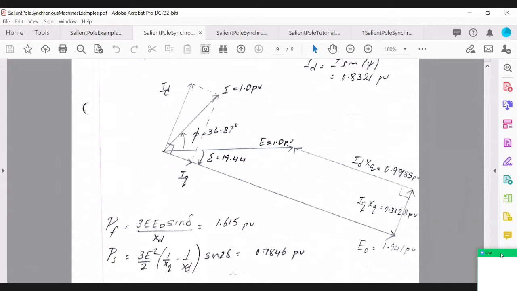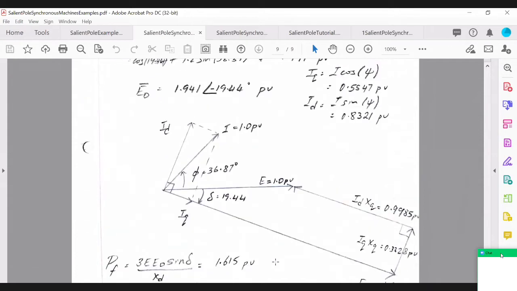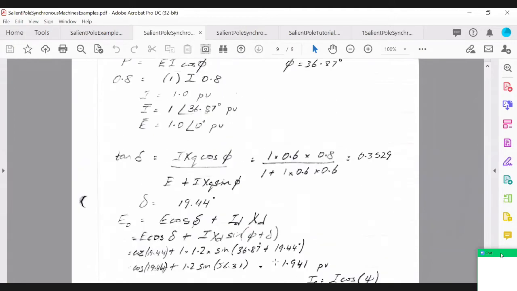Okay, so this is how you work out the power due to the field excitation and the saliency. And if you add both, you will get the total 3-phase power that the motor is producing. Okay, that will be the total power that the motor is producing. Any question on this analysis?